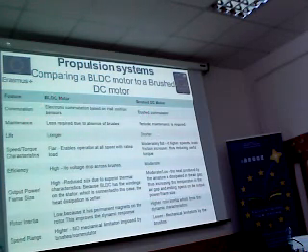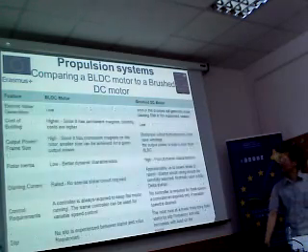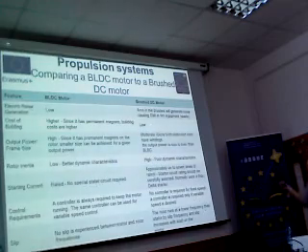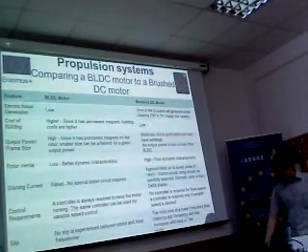But for the BLDC we don't have brushes, so we don't need to change them. For the life, the BLDC has a longer life compared to the brushed, which has a shorter life. This is for the speed. I don't want to read this one, so you can see it on the slide. Okay. So it has a lot of things to compare between them.